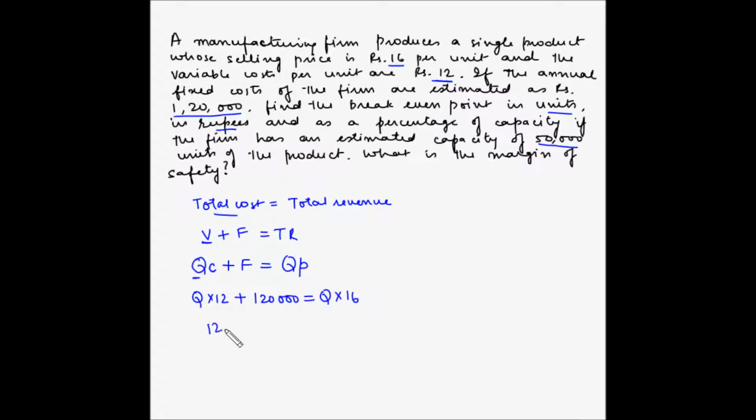So 12Q plus 120,000 is equal to 16Q. So let's bring all the Q's on one side. So 120,000 is equal to 16Q minus 12Q, or 120,000 is equal to 16 minus 12, which is 4, times Q.